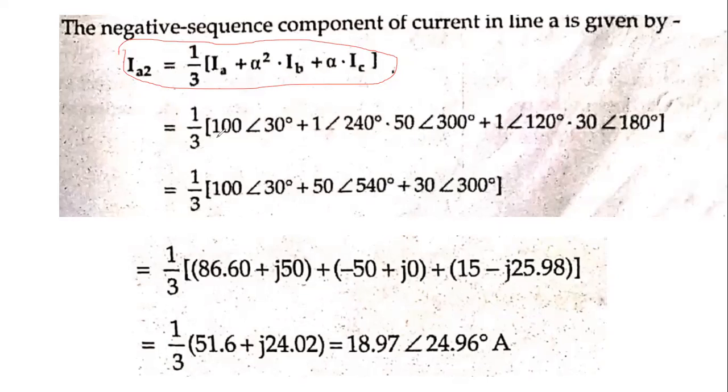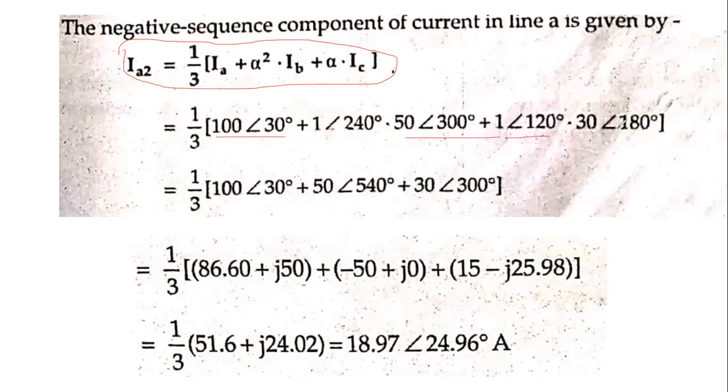Therefore IA is 100 at an angle of 30 degrees, and alpha square is 1 at an angle of 240 or 1 at an angle of minus 120, into IB, which is 50 at an angle of 300, plus alpha, which is 1 at an angle of 120, into IC, which is 30 at an angle of 180 degrees.